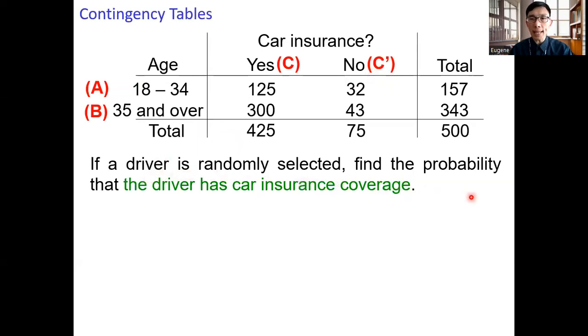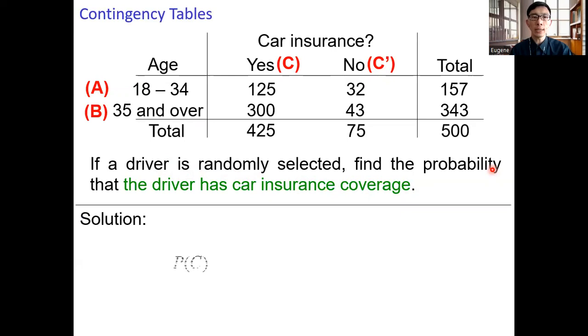If a driver is randomly selected, find the probability that the driver has car insurance coverage. Can you do the calculations? Okay, so here what we need to get is the probability of C. C denotes the driver has car insurance coverage. Here we have the probability of C equals NC over NS, the number of drivers who has car insurance over the total number of drivers in our sample.